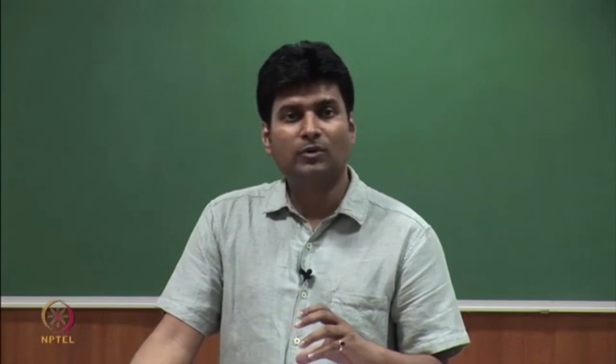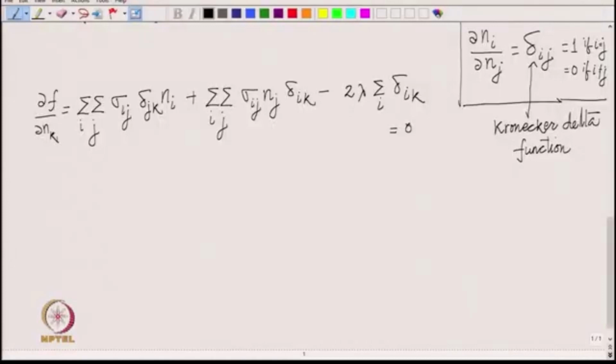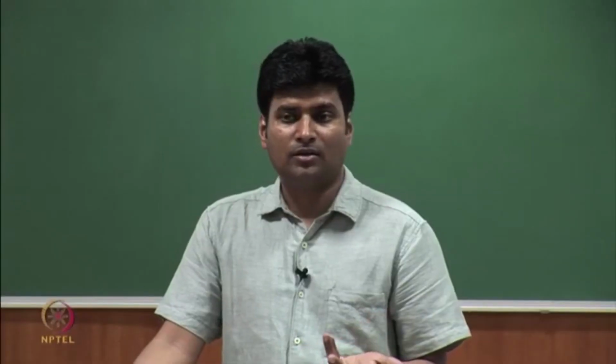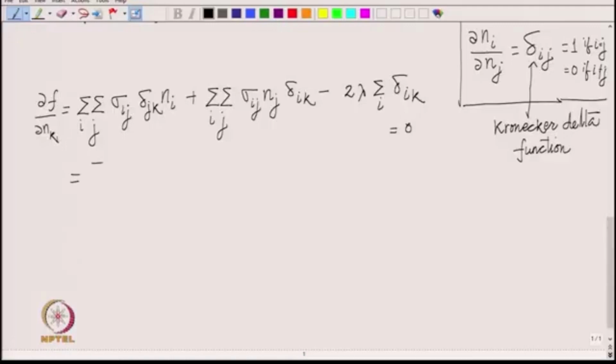The other terms in the summation will simply become 0. So, that means you can get rid of this summation over j, and wherever you have j, replace that with k, isn't it? So, this is then a single summation over i, sigma i k n i. See what happened? The summation over j is gone, and the second index of sigma has been replaced with k, right, because only j equal to k is surviving.